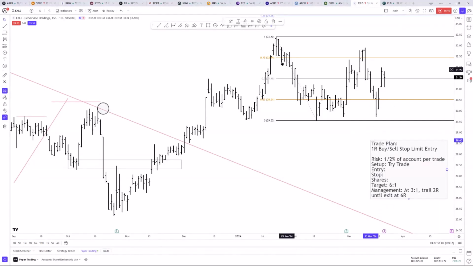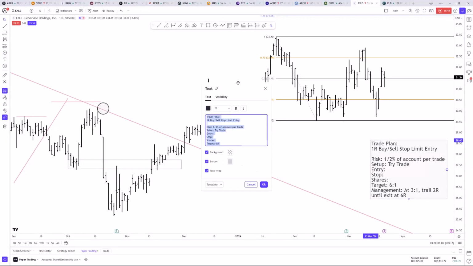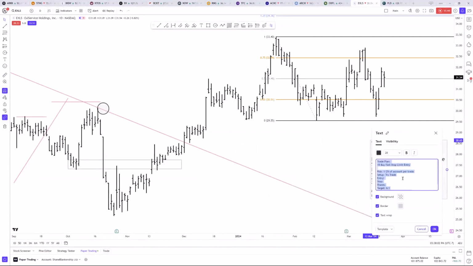All right. So let's set this guy up. And this guy, we're going to enter on the 50 line. So it's going to be a limit order. It's rather close. Hopefully we get hit tomorrow.